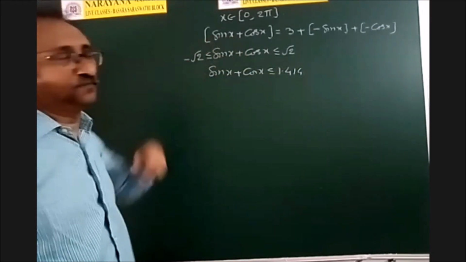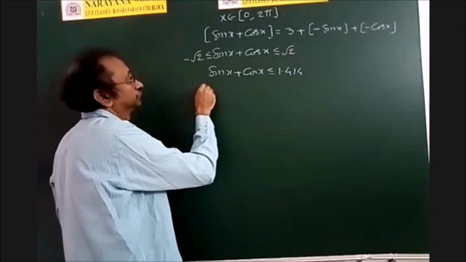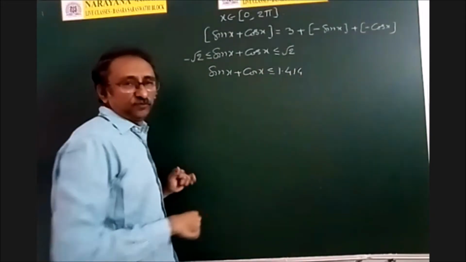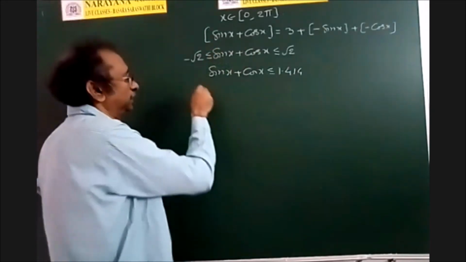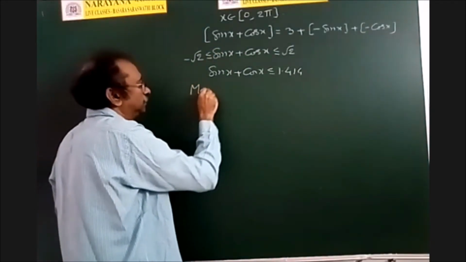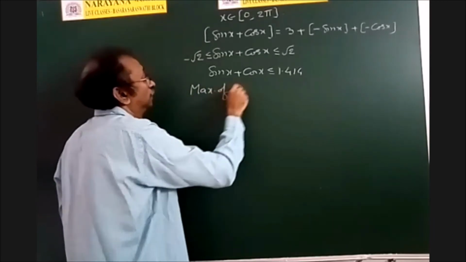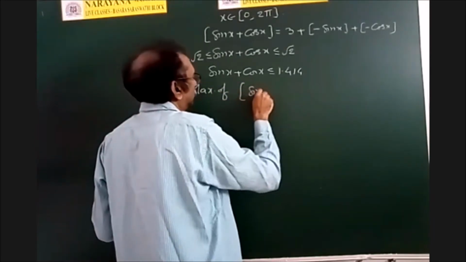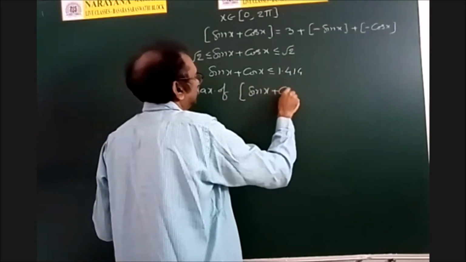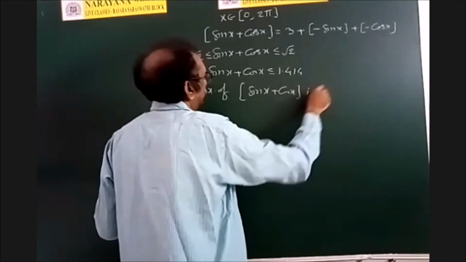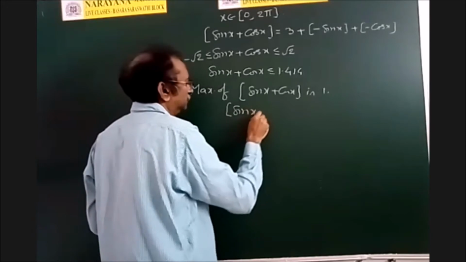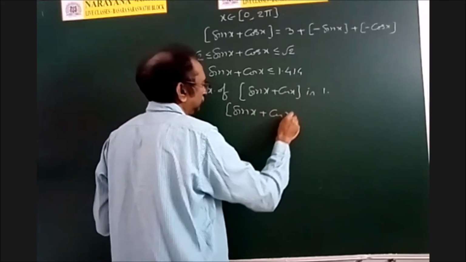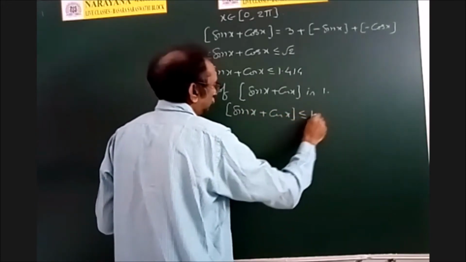Therefore, maximum value of this is 1. So maximum of integral part of sin x plus cos x is 1, or I can write integral part of sin x plus cos x is less than or equal to 1.